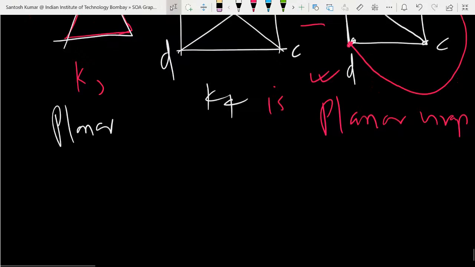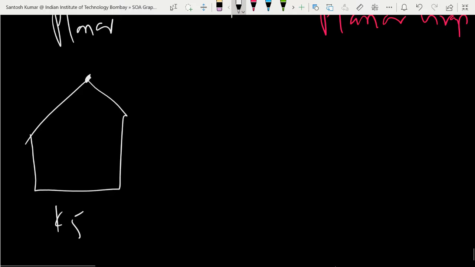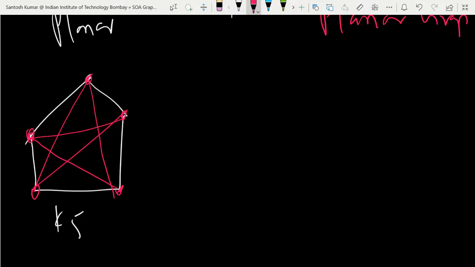K3 was also planar. Let's come to K5. We usually draw K5 in this way, and we join this, this, and so on.